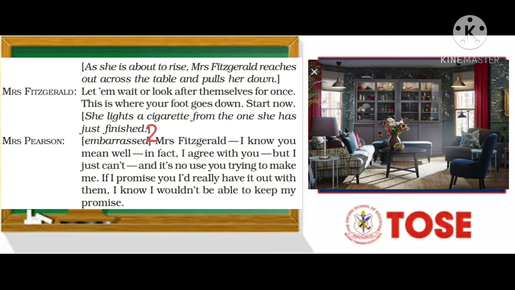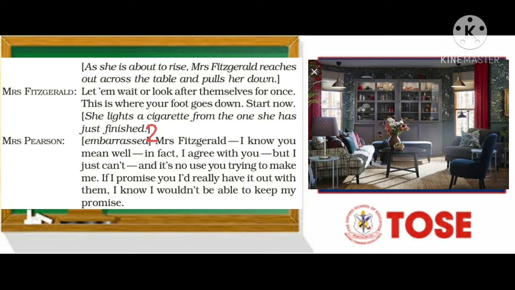And she also said to Mrs. Pearson, this was the time to start, because in the previous conversation she was worried as she didn't know where to start from. So this is what Mrs. Fitzgerald told Mrs. Pearson, that this was the right time to start.